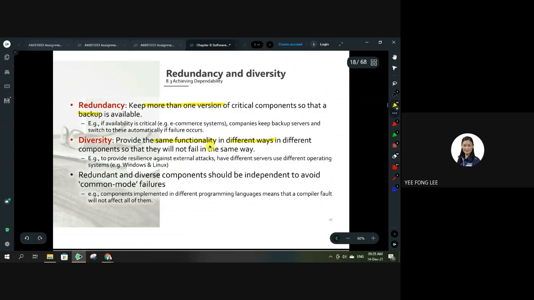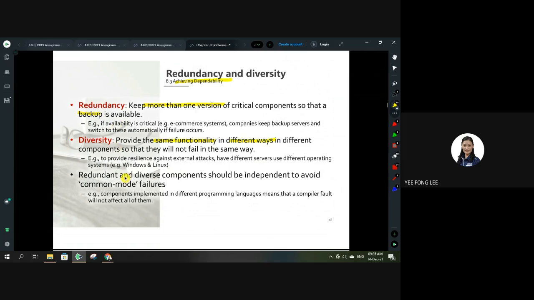Diversity means the same functionality but in a different way, let's say saving it in a different OS. So to enhance dependability, we might rely on both redundancy and diversity. Understand the meaning of both.